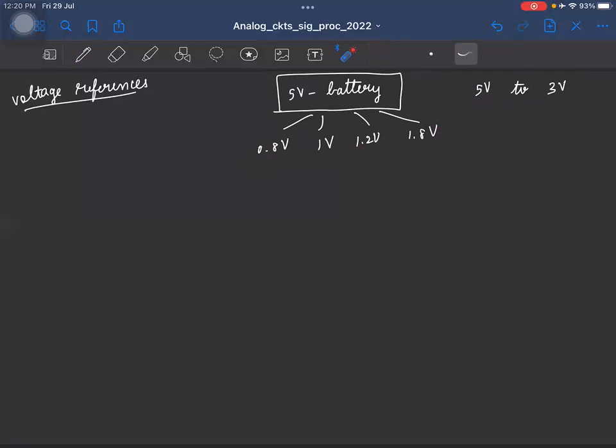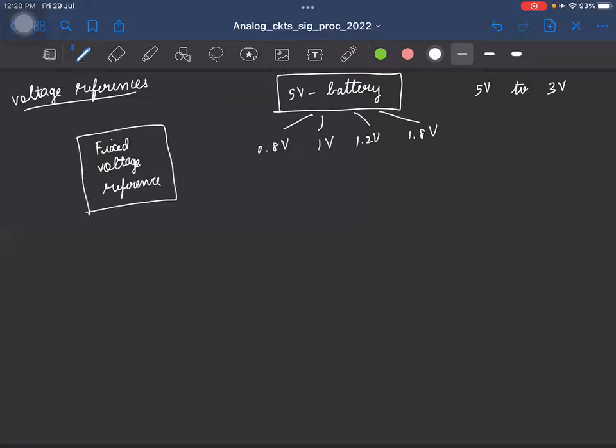So obviously, it does not make sense to simply rely on this battery. So we'll want a fixed voltage reference on the chip. Okay. And you will have to derive it from this battery. And this will make sure that even if the battery discharges, this voltage is fixed.